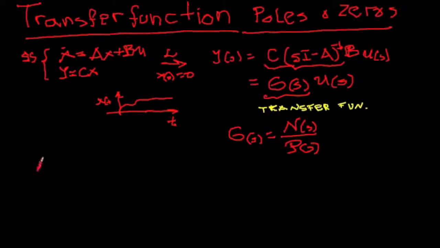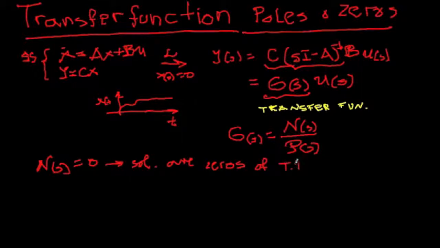Namely, the n of s polynomial provides the zeros of the transfer function, because the solutions of n of s equals 0 are zeros of the transfer function, zeros of G of s.